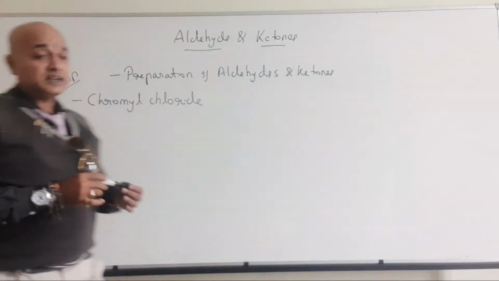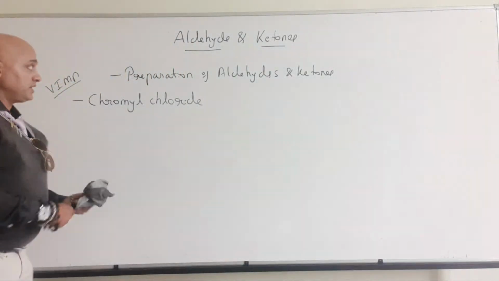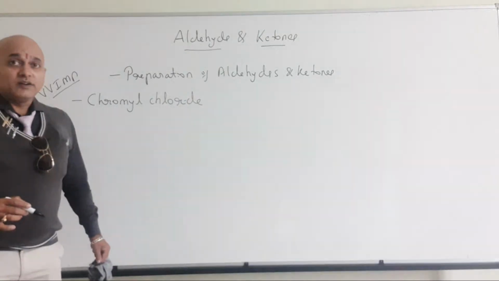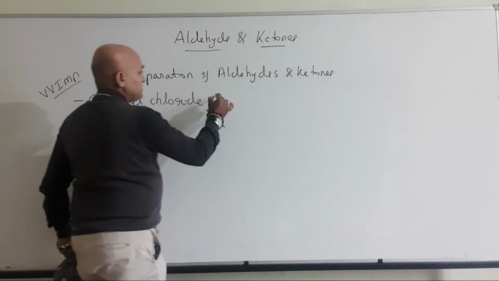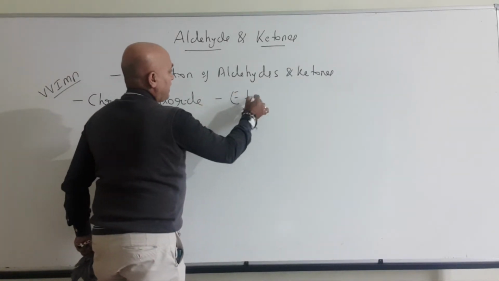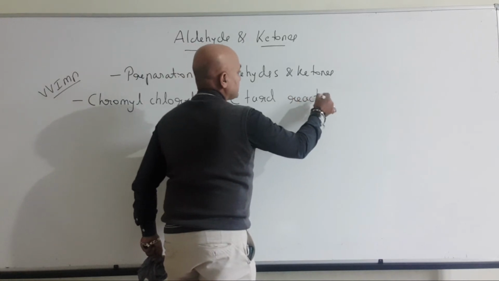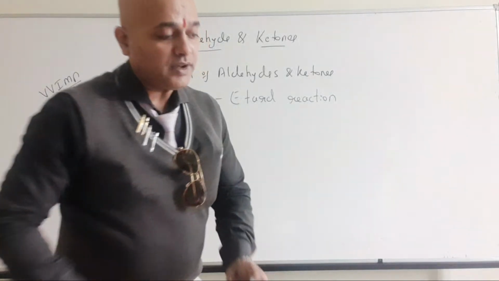In aldehydes and ketones, we have many reactions which are very important, and I can tell this one from chromyl chloride as very important. Which is nothing but the Etard reaction. Etard reaction, very important one.